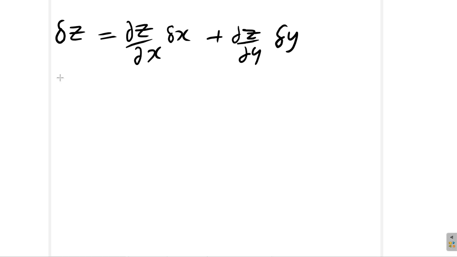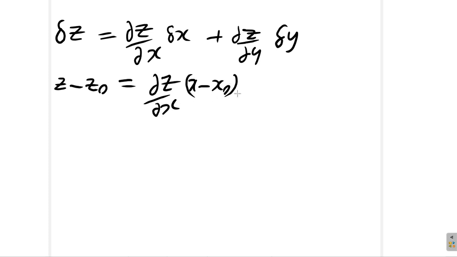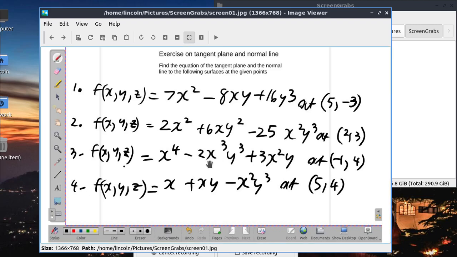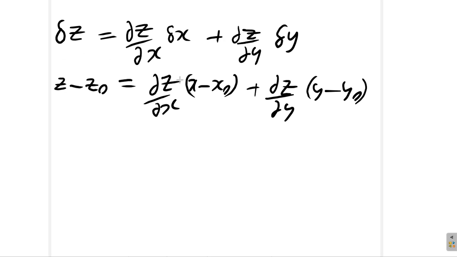So this small change in z would be z minus z naught equals delta z by delta x times x minus x naught plus delta z by delta y times y minus y naught, where x naught will be 5, y naught is 3, z naught is whatever you get when you substitute 5 and 3 into the equation. Alright?